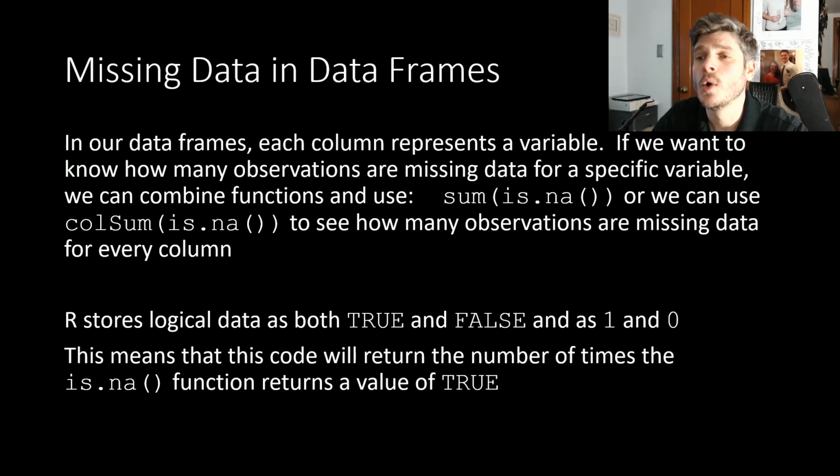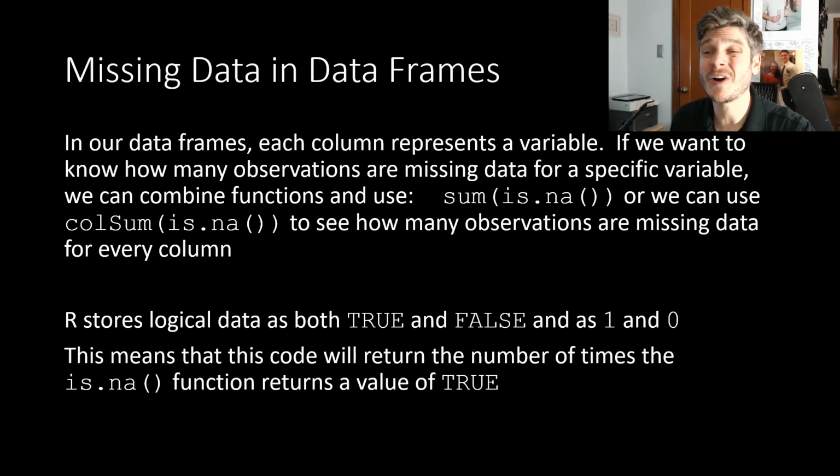So one thing we can do is figure out how many entries are missing in our data frame. For that, we can use the sum of is.na function. The reason we can use the sum function is because R recognizes the logicals true and false as 1s and 0s, kind of that binary.